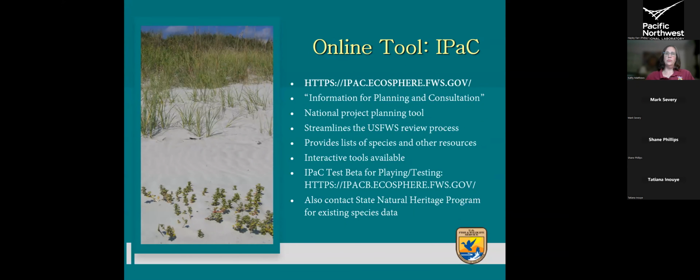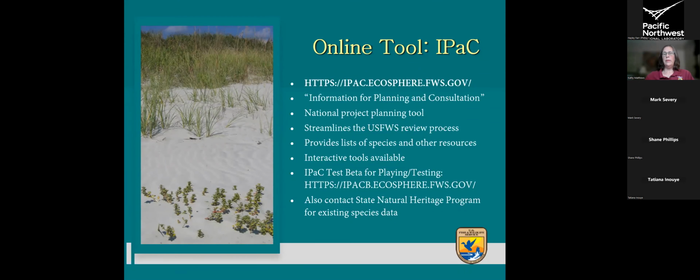There are interactive tools on IPAC that can be used, such as determination keys, and there's also a consultation package builder that can be used depending on the project. We have a test beta site that can be used by anyone to go and kind of play around with the functionality of the site.